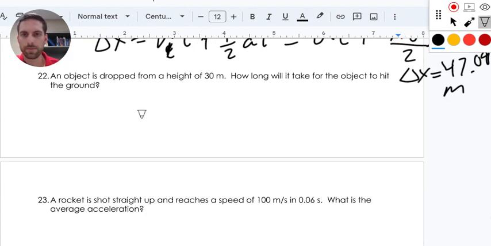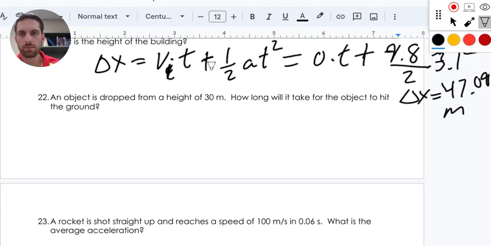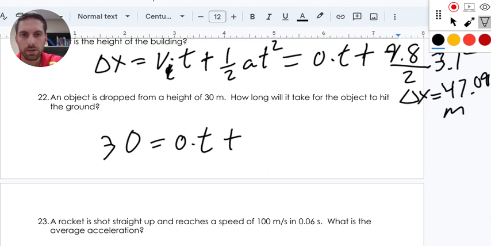For this, the object is dropped 30 meters, so same story. Use the above equation and plug in our values. We're going to do 30 equals 0 times time plus 9.8 over 2 times time squared. Solve this out.